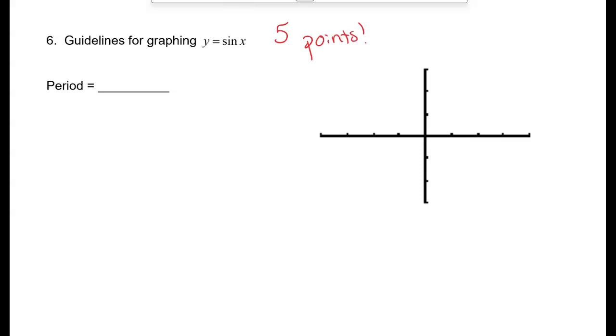Most of the time, for sake of time, we only ever have you graph 1 period's worth, but you should always have 5 points on the graph that I can easily distinguish and use. Also, the first thing you will always graph is the period of the function. So you want to know where it starts and where it ends.